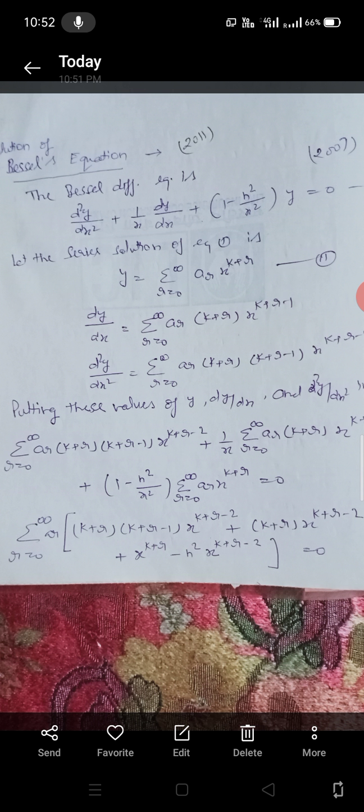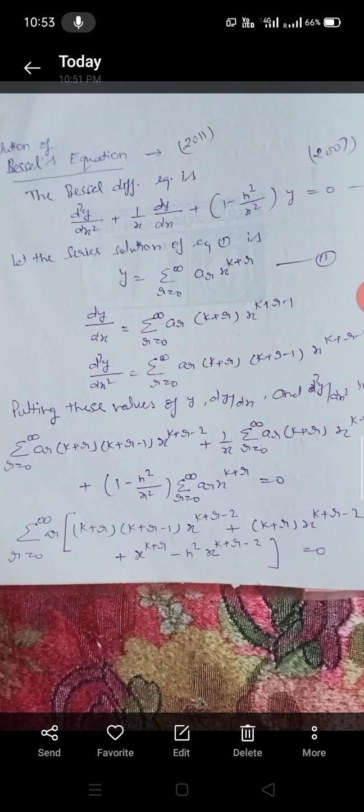So summation r = 0 to infinity a_r (k+r)(k+r−1) x^(k+r−2) + (1/x) summation r = 0 to infinity a_r (k+r) x^(k+r−1) + (1 − n²/x²) summation r = 0 to infinity a_r x^(k+r) = 0.